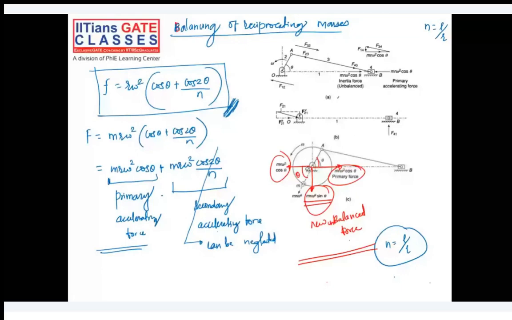So previously the jerk was in the horizontal direction, because a horizontal unbalanced force was there, so the sliding motion was not proper, and now we balanced it with this counter mass, but it is creating a new unbalanced force in the vertical plane, which causes the mechanism to jump up and down. So ultimately it is very difficult to balance the reciprocating masses.